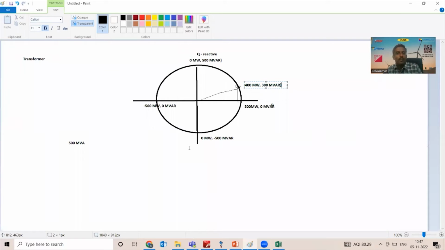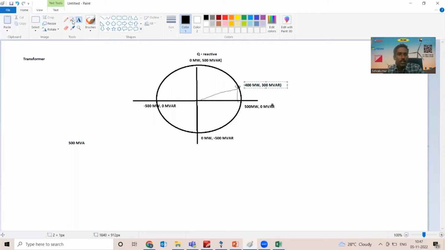But I cannot apply the same rule to a generator. The transformer is a circle and bidirectional, but the generator is a source, so generator power cannot go negative. Straight away, half of the portion is eliminated. This portion is technically not possible to operate because the generator will trip on reverse power, or even on low forward power.